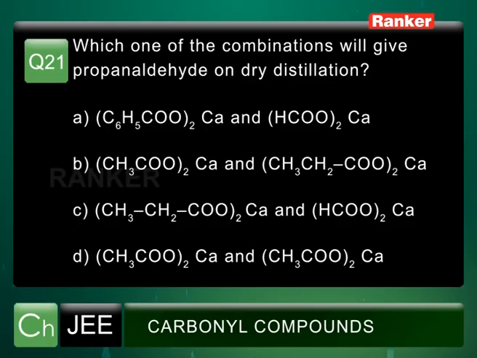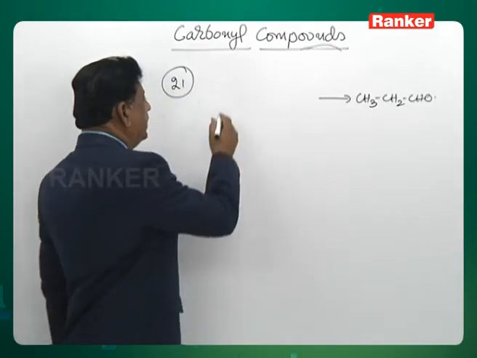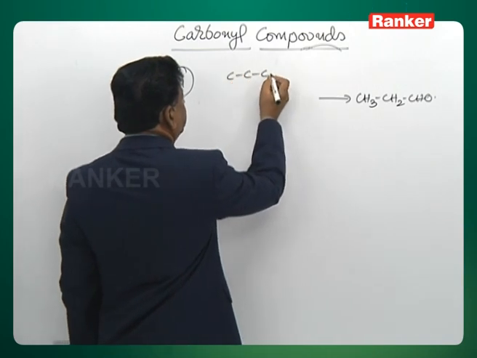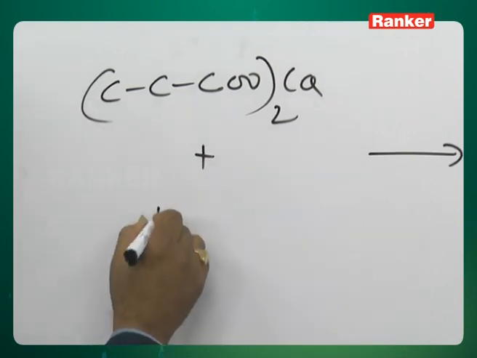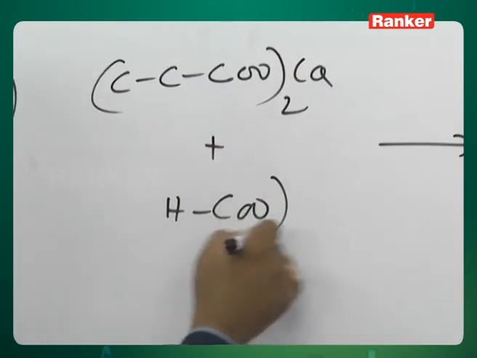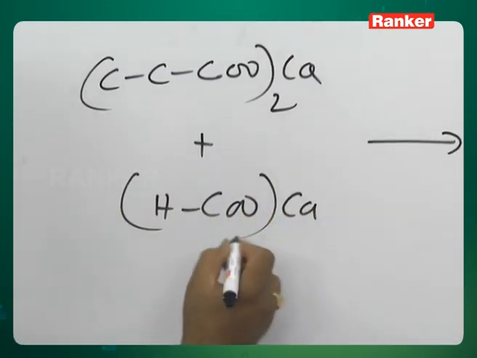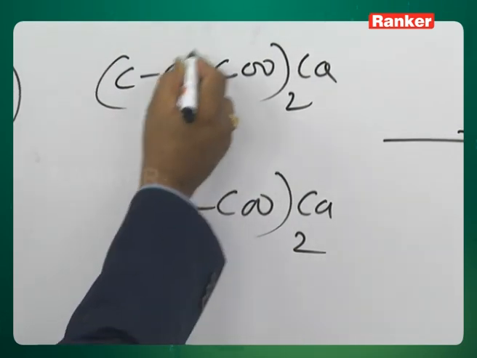In the second answer, you have calcium acetate and propanoate, a combination of two calcium salts, both give ketones. Third option C, calcium propanoate plus calcium formate. This is the right option. Whenever the calcium salt of formic acid is taken, reduction is taking place, and this gives the aldehyde.